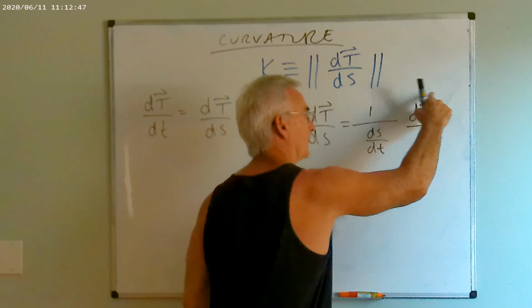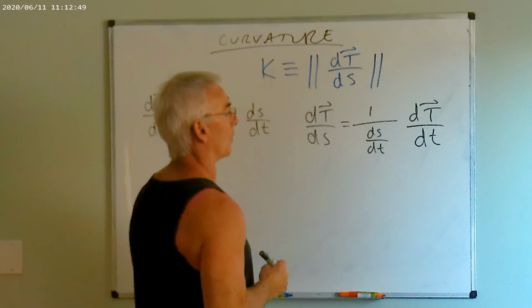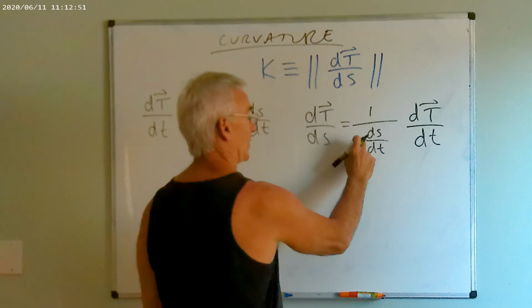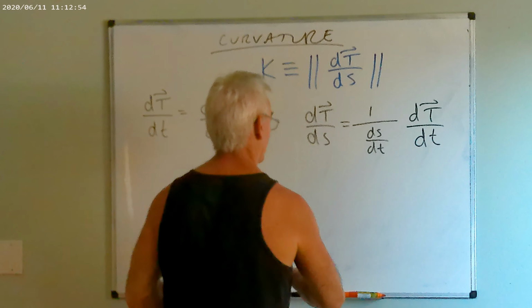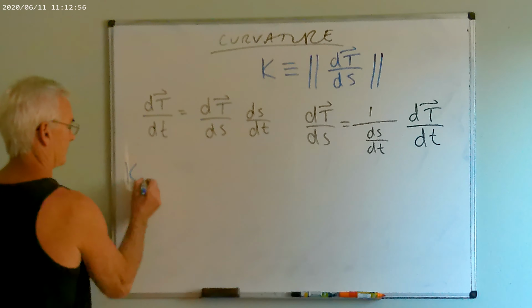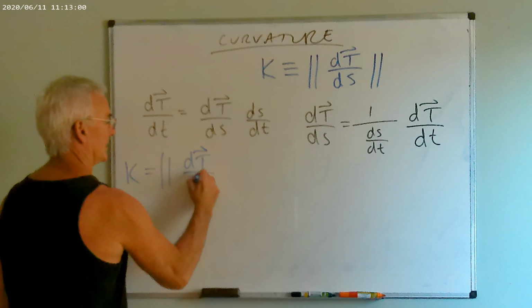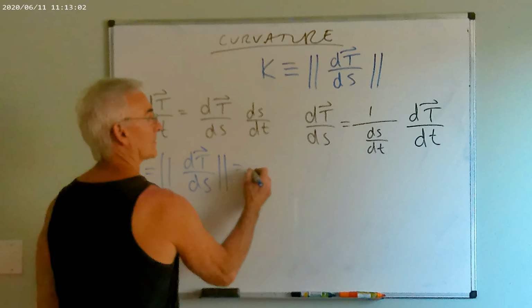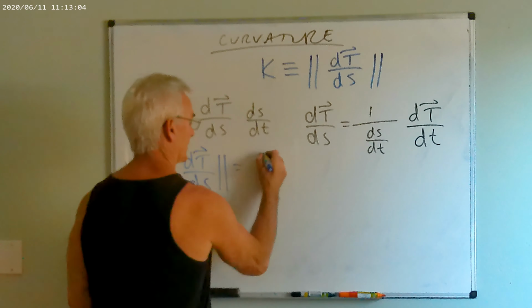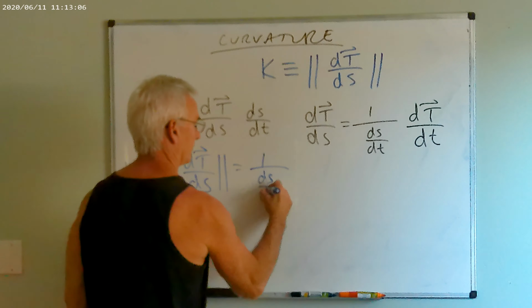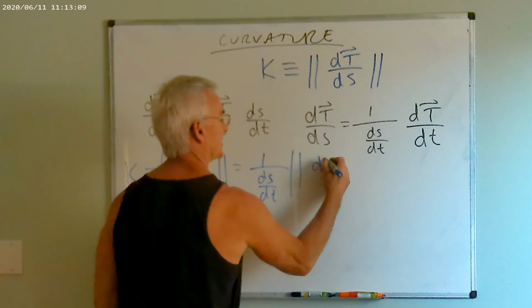Now, this is not a trivial quantity to compute as we've seen before, but we know how to find it. We also know how to find this guy. So if I said then curvature, which is the magnitude of dT/ds, is therefore this quantity here times this magnitude.